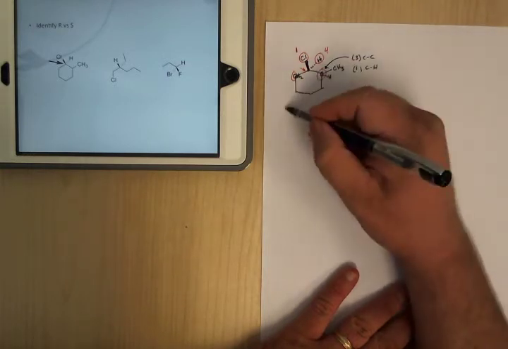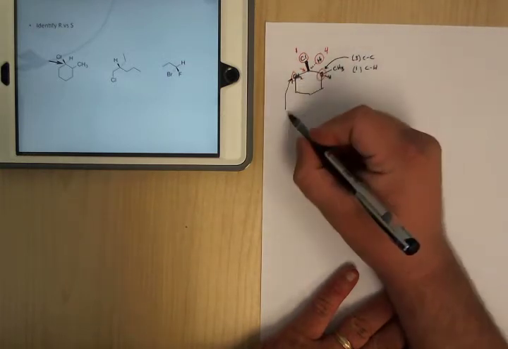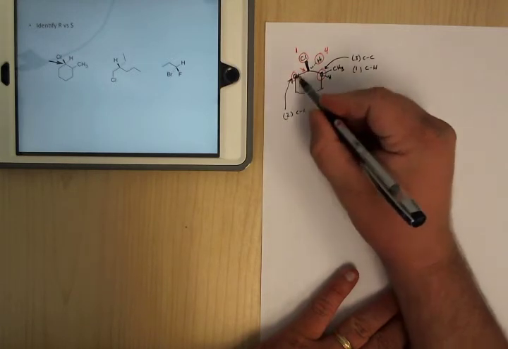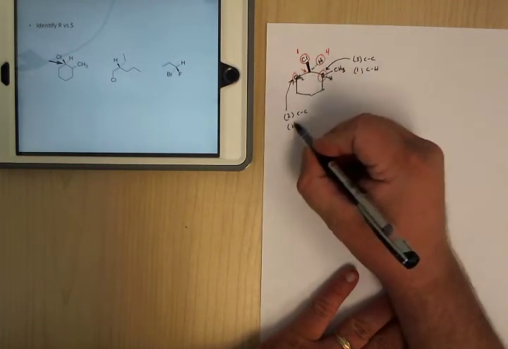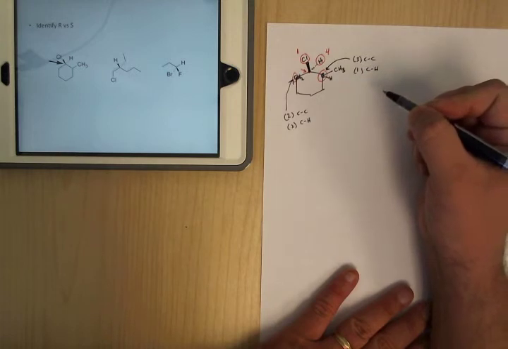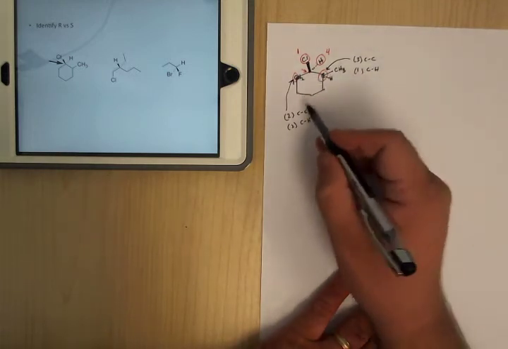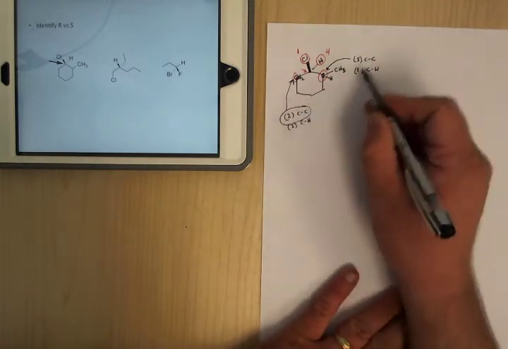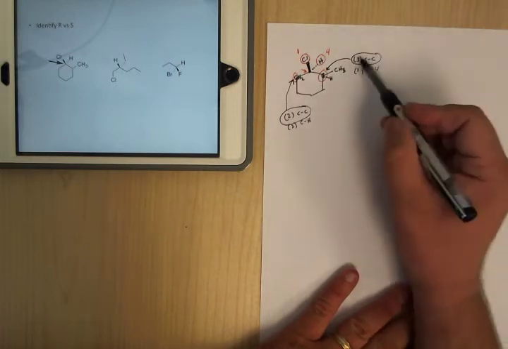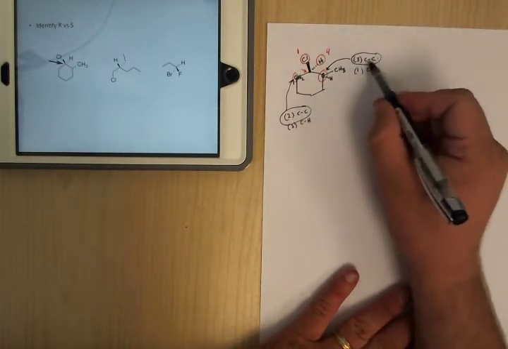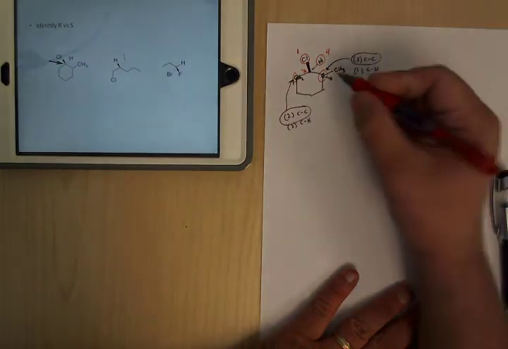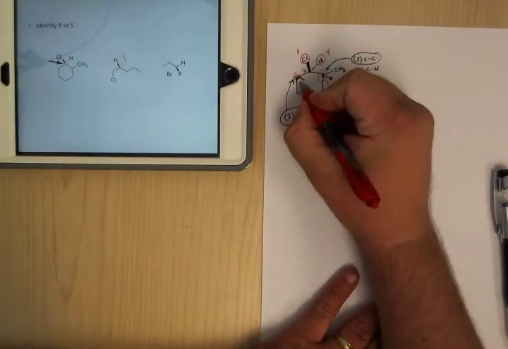That carbon there has 2 carbon-carbon bonds and 2 carbon-hydrogens. So you compare the heaviest set of bonds, the carbon-carbon. This one has 3, so this is going to be the higher priority. So that's 2, that's 3.